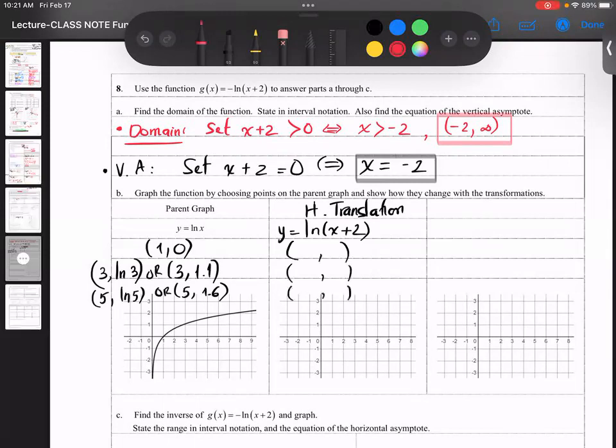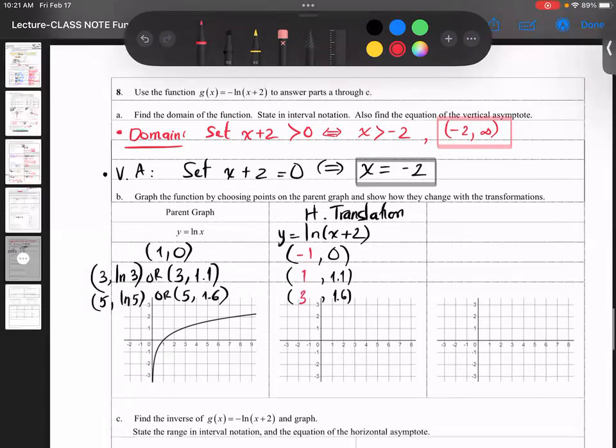So 1 minus 2 is -1, and the y coordinate stays the same. Let me rewrite the y coordinates: 1.1, 1.6. 3 subtract 2 is 1, and then 5 subtract 2 is 3. Next is going to be the vertical stretch.